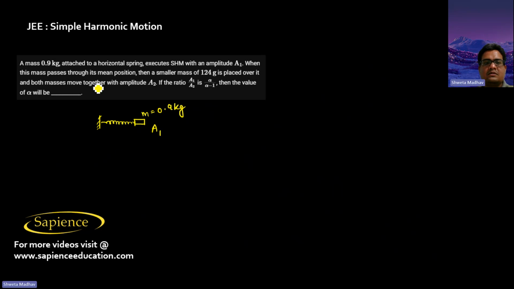When this mass passes through the mean position, another small mass of 124 gram is placed over it, and both masses move together with amplitude A2. Then the ratio A1 by A2 is alpha by alpha minus 1, and the value of alpha will be.